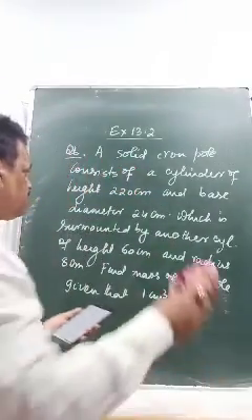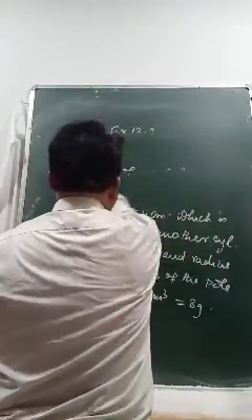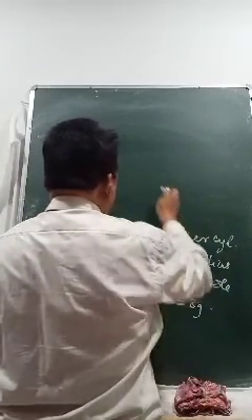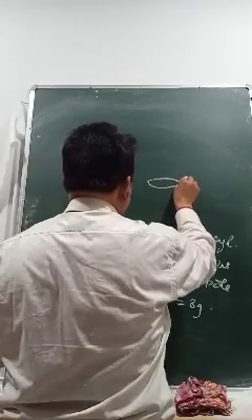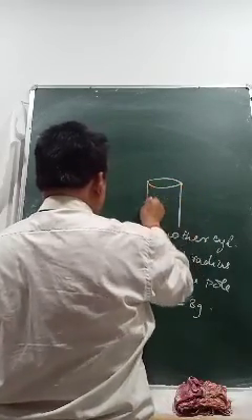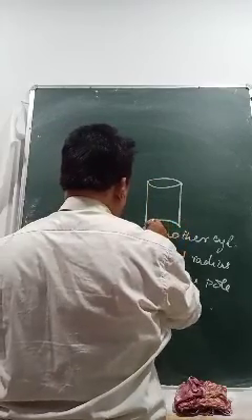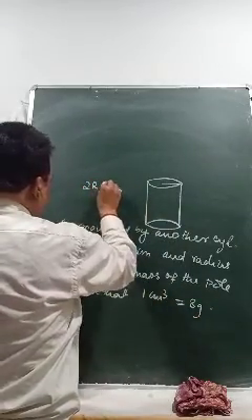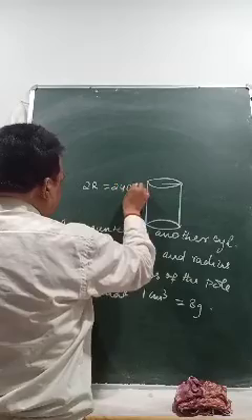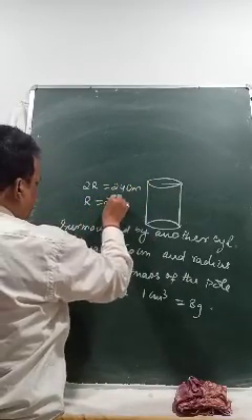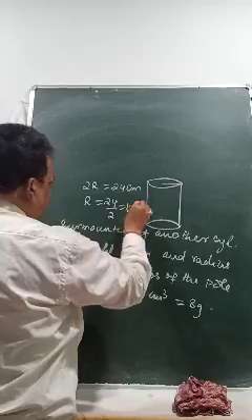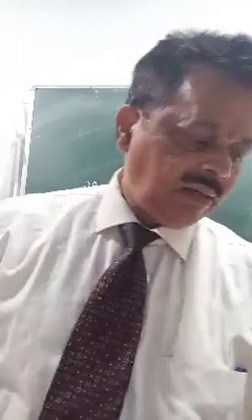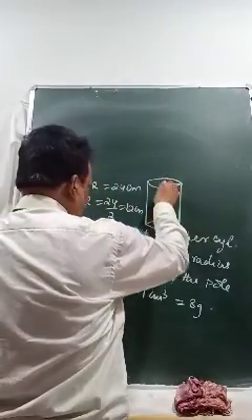Okay, so you have to make two cylinders. There is a cylinder, diameter is here 2r, 24 centimeter. The r will be 24 by 2, 12 centimeter. This is your r. Then this is height.